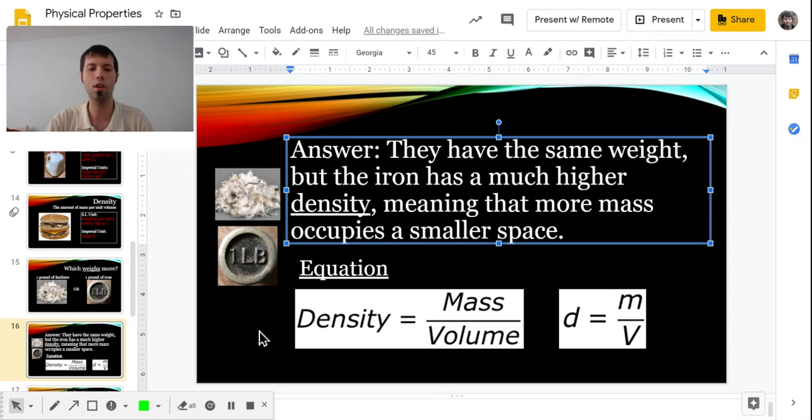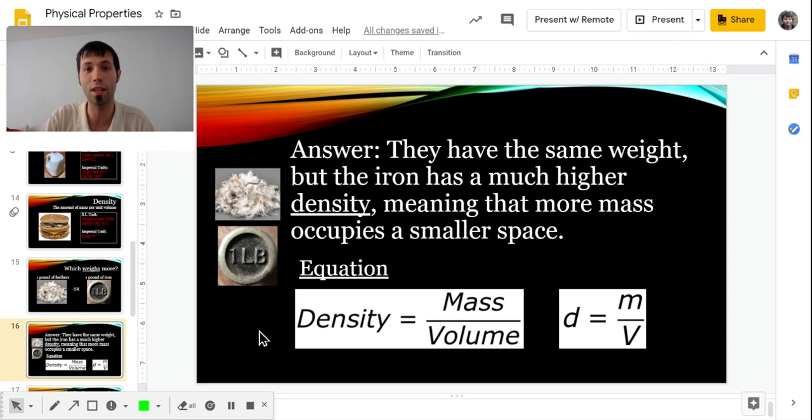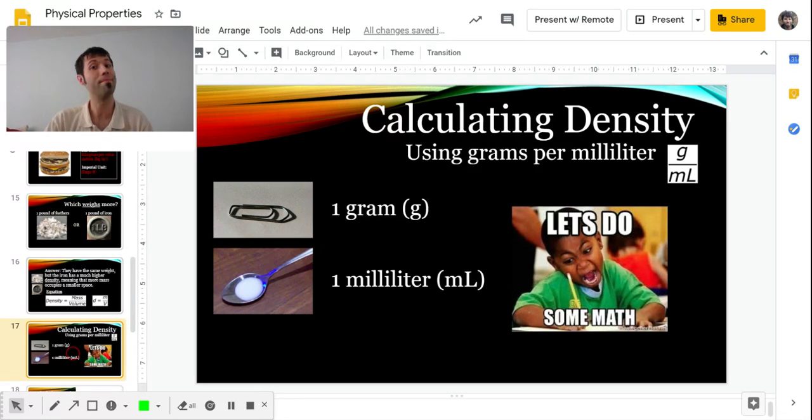Okay, so here's our equation for density. Yes, I said equation. We're going to do a little bit of math. Density equals mass divided by volume. Remember, density is the mass per unit volume, or just little d equals little m over big V. So let's do some math with calculating density. We're going to use different units, grams per milliliter.